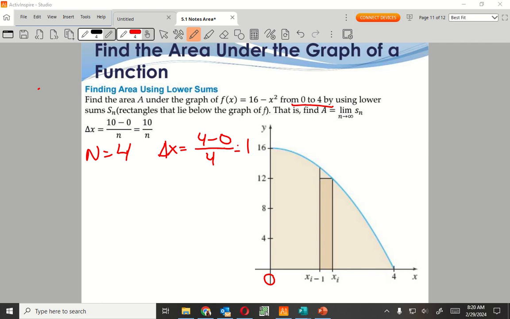That means each one of my rectangles is going to have a base of what? 1. Each rectangle has a base of 1. So I'm going to be at 1, 2, 3. So each rectangle now has a base of 1.